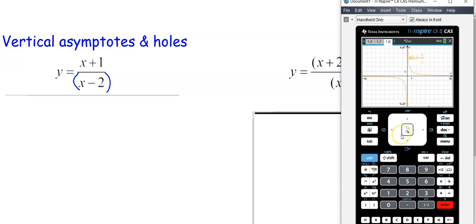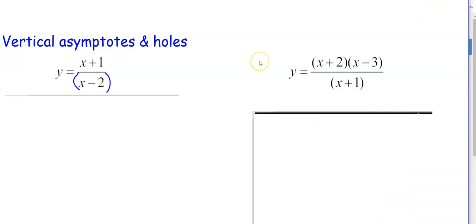If you look at the table for that one, Control T, there's no value for 0. It says undefined right there, because you can't divide by 0. 1 divided by 0 is undefined. So on the graph, there's a vertical asymptote whenever x is 0 because it makes the denominator 0.